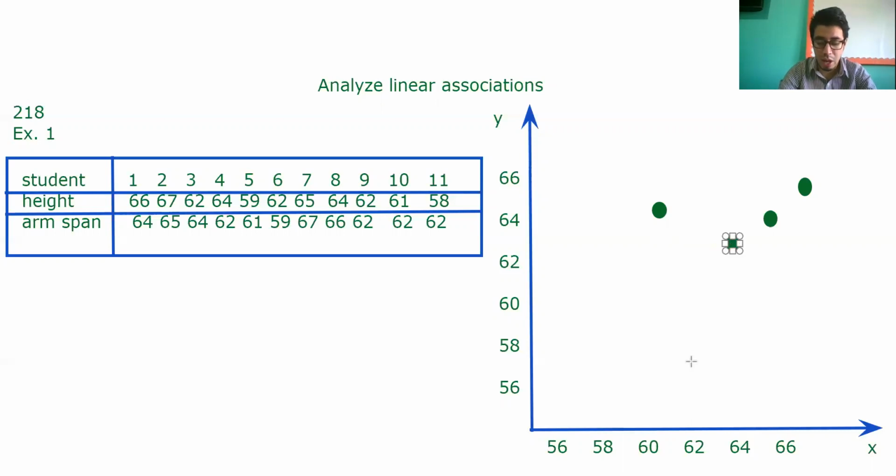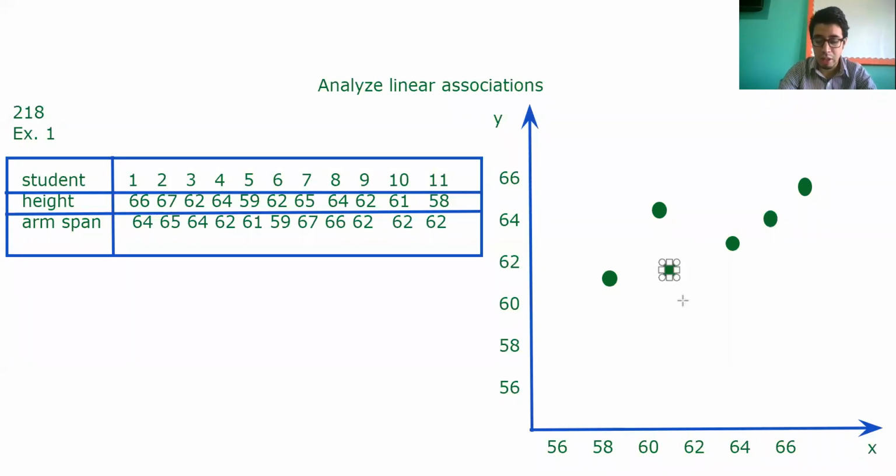The other part we have is 59 and 61. 59 is in the middle of these two, and 61 is going to be in the middle of 60 and 62. The other point we have is 62 and 59. It could be located in here maybe.